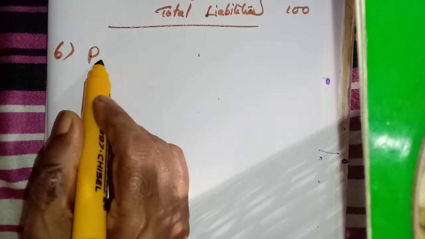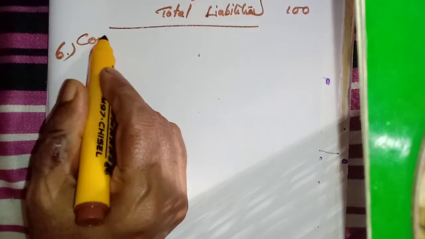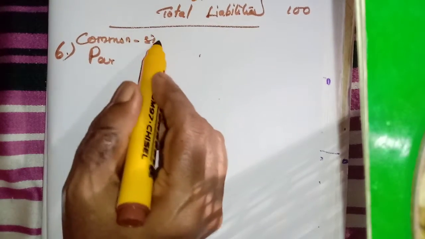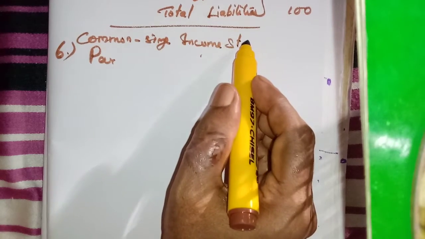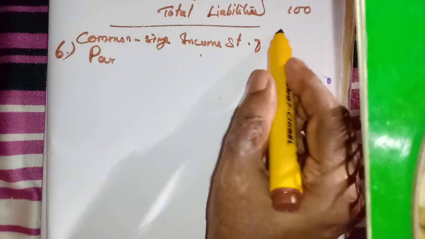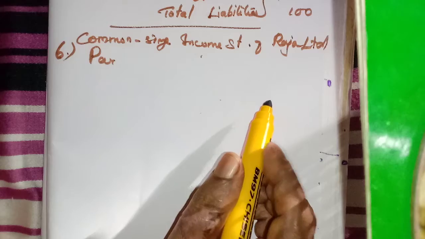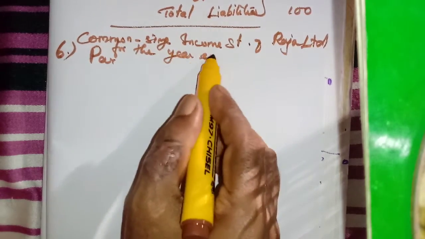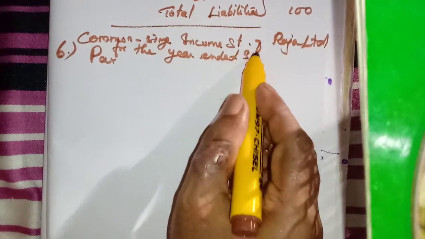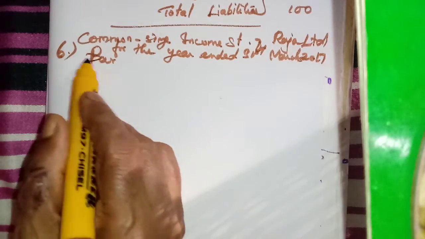Then particulars. So how to write the heading? Number we have written, next the heading, isn't it? Common size income statement of Raja Limited for the year ended 31st March 2017.